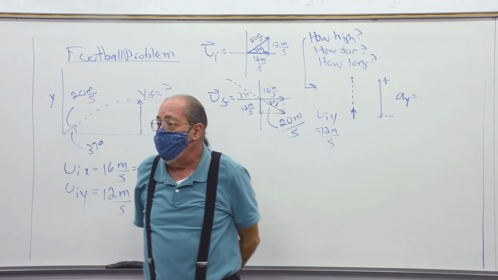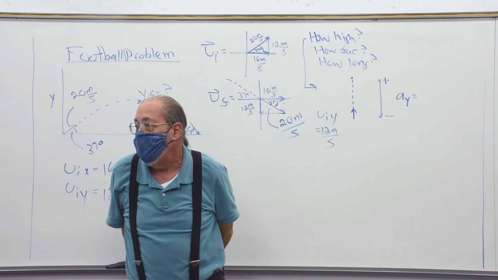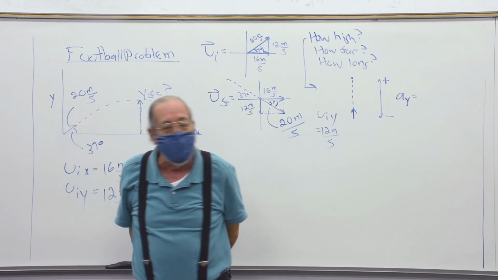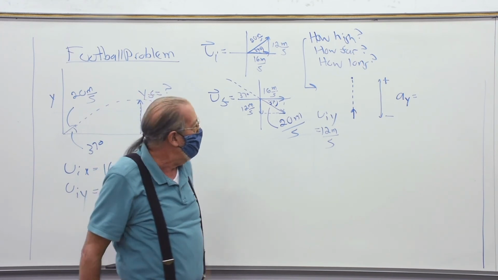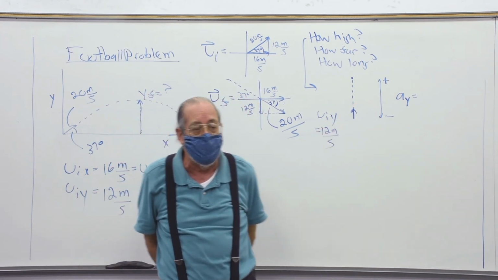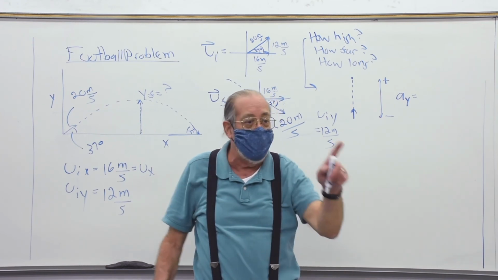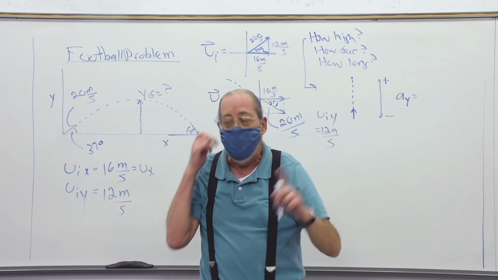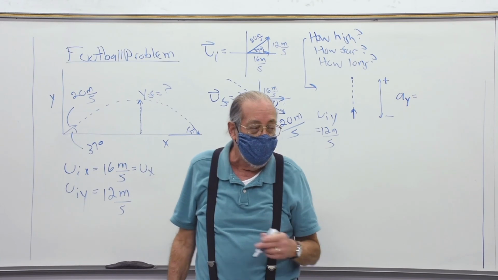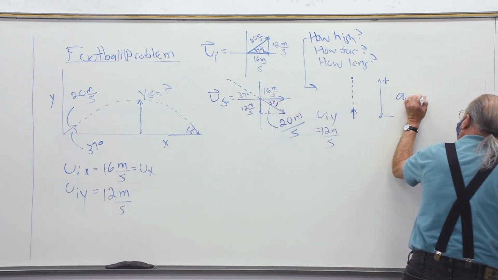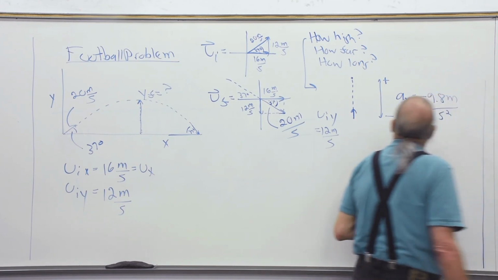Since it's only under the influence of gravity, what's the magnitude of the acceleration? That shouldn't be hard at all. It's g, right? But is the y component of the acceleration plus or minus? If upwards is plus, what's the direction of the acceleration due to gravity? It's downwards. Don't say minus. It's downwards. In some problems, we might say down is plus, and then you're in trouble. But in this case, the y acceleration is minus 9.8 meters per second squared.